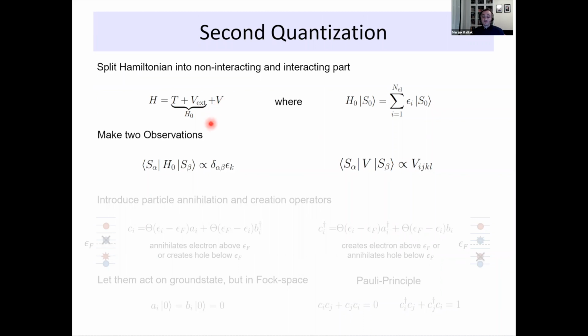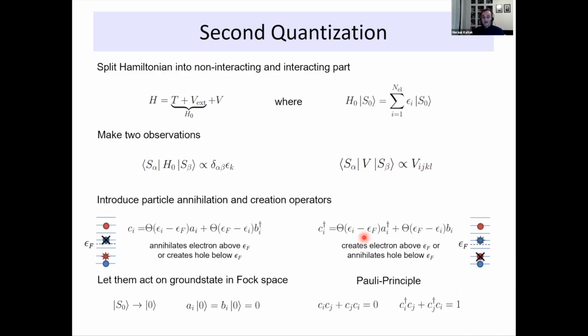And then we make two observations. So first observation is that the Slater determinants, including those with higher excited states, diagonalize the non-interacting part. So they are proportional to these one-electron energies. And the second observation is that if we evaluate the Coulomb interaction with these Slater determinants, the Coulomb integrals pop up.